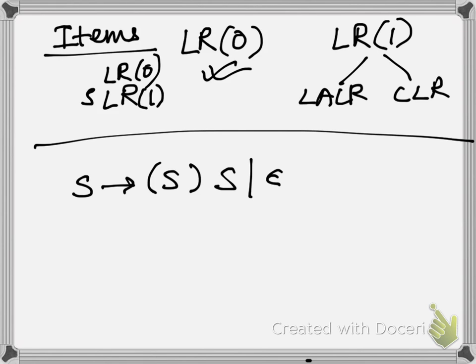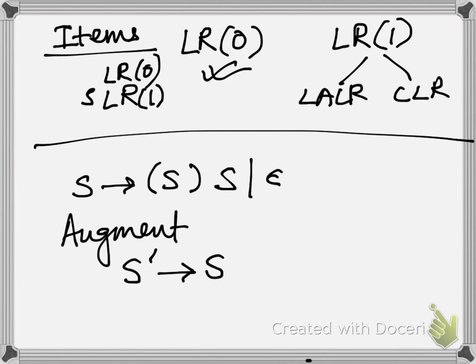What we have to do is augment the grammar, by adding a new start symbol, say S dash, and adding the production S dash derives S. So now my grammar becomes S dash derives S, and S derives whatever it was earlier. This is our augmented grammar, so we have to perform an augmentation.